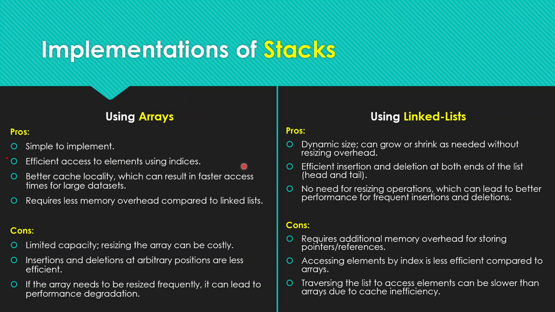That's just the same explanation I gave for this: because elements are stored at different memory locations in linked lists, it's slower to access them. But because the elements are stored in contiguous memory locations with arrays, it's faster to access them.